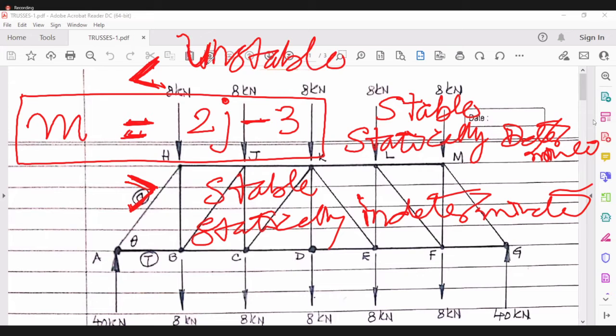And once it says unstable, it cannot be put into practice. So whether it is statically determinate or not is not at all a question. There is no need to spare a thought about it. Okay, but remember this.